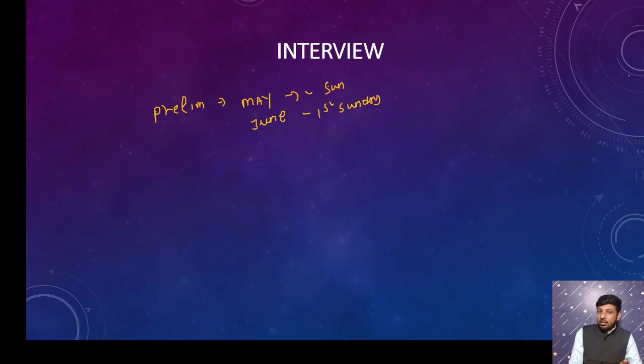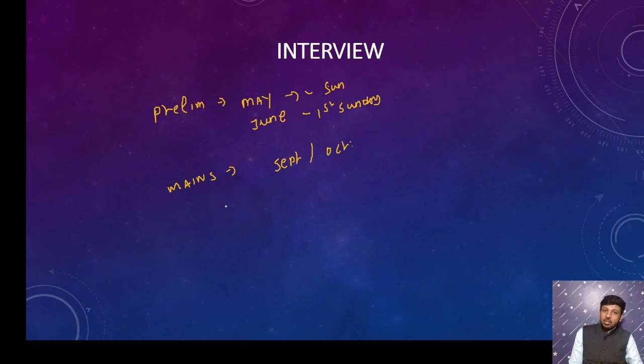Generally the prelims will be conducted on the last Sunday of May or the first Sunday of June. Generally the prelims exam will be conducted in a morning session and an afternoon session for GS and CSAT. And the mains exam will generally be conducted in September or October.